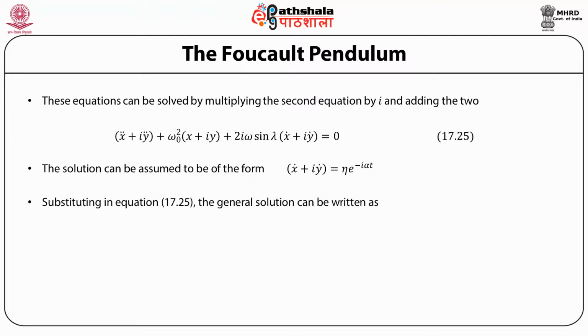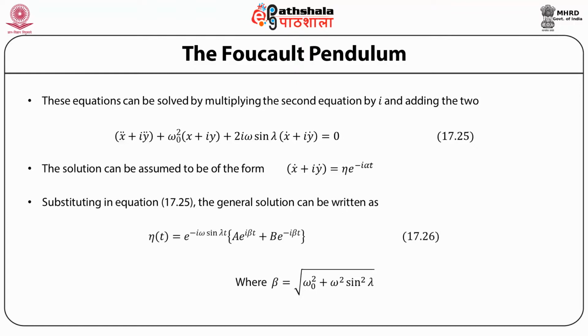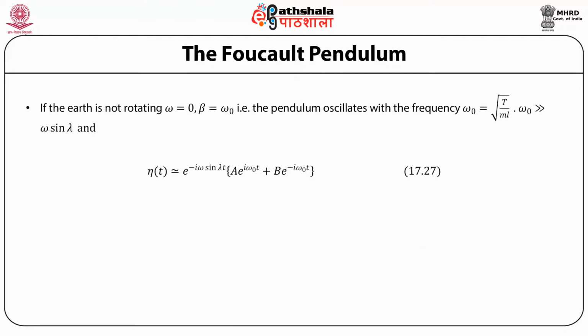Substituting this, the general solution can be written as eta of t is equal to e to the power minus i omega sine lambda t times a e to the power i beta t plus b e to the power minus i beta t, where beta is the square root of omega naught square plus omega square sine square lambda. If the earth is not rotating, then omega is equal to 0 and beta is equal to omega naught.